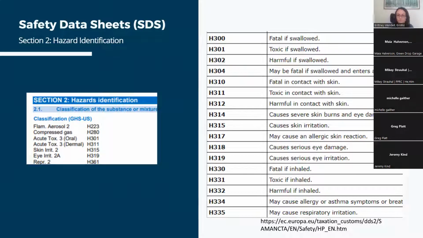And then it gives you this list of what all these mean, and you can see it's kind of a gradation. So H300 is fatal if swallowed, 301 is toxic if swallowed, 302 is harmful if swallowed, et cetera, et cetera. So that's helpful to understand the rank, or I guess the level of the hazard.